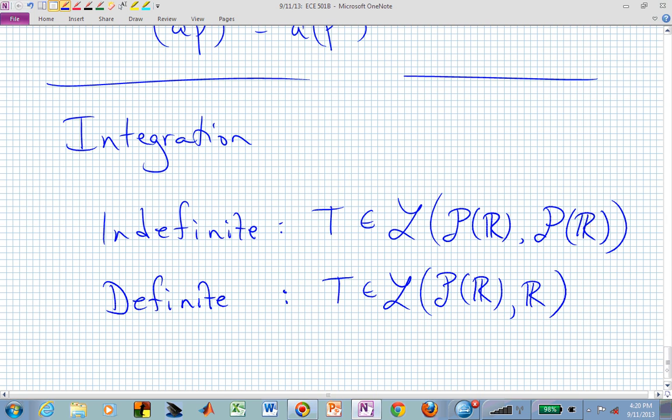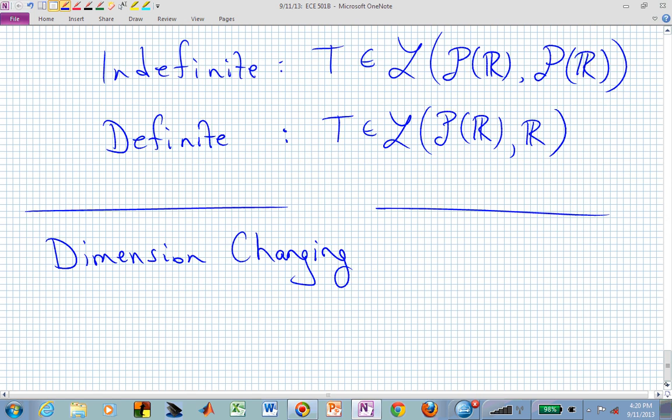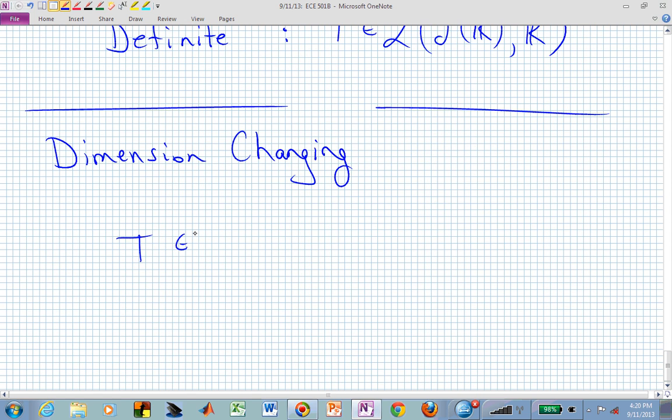With a linear map, we can actually change dimensions. By that, for example, suppose that we have this linear map T that's going to take us from three-dimensional space to two-dimensional space.